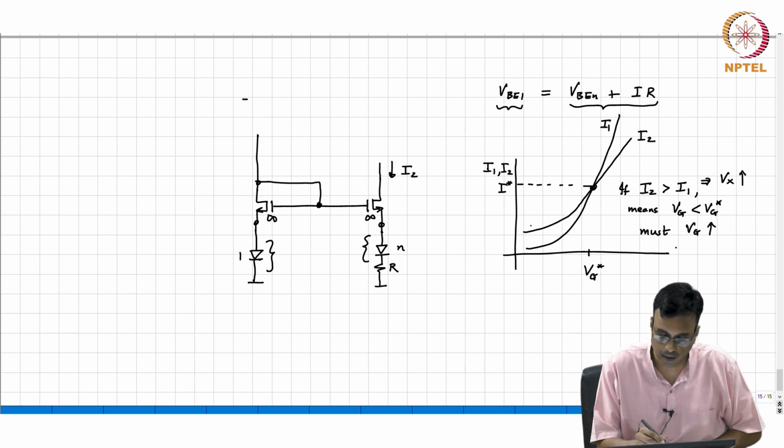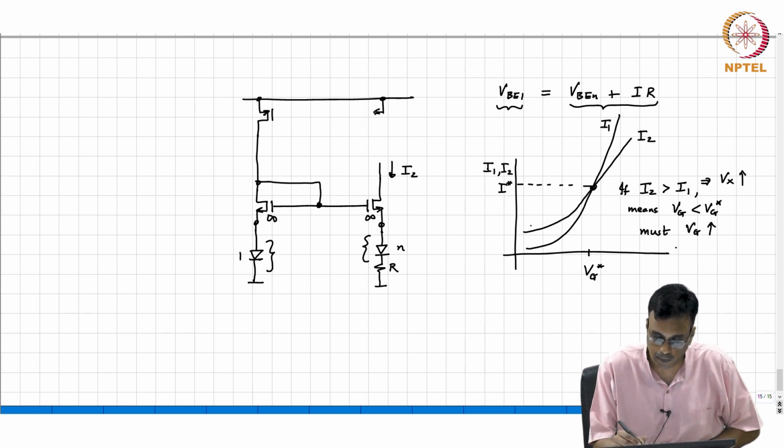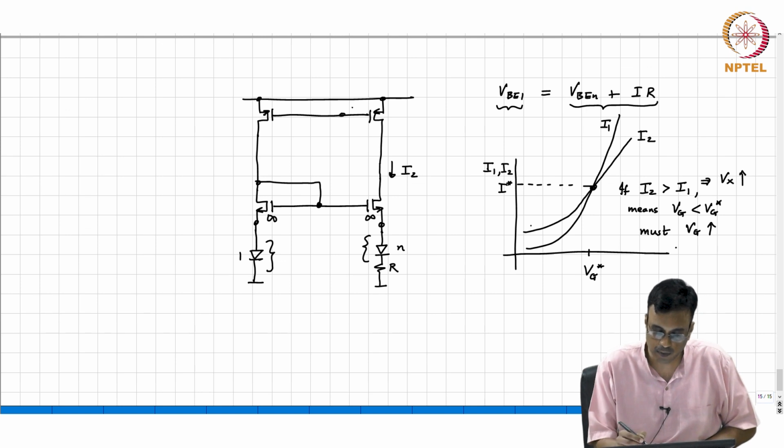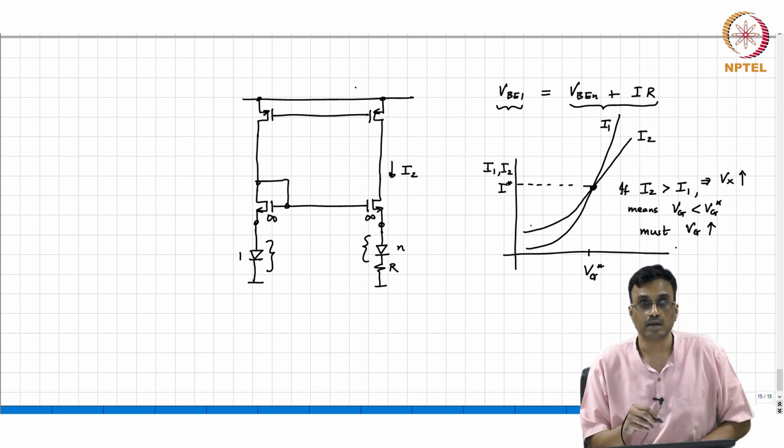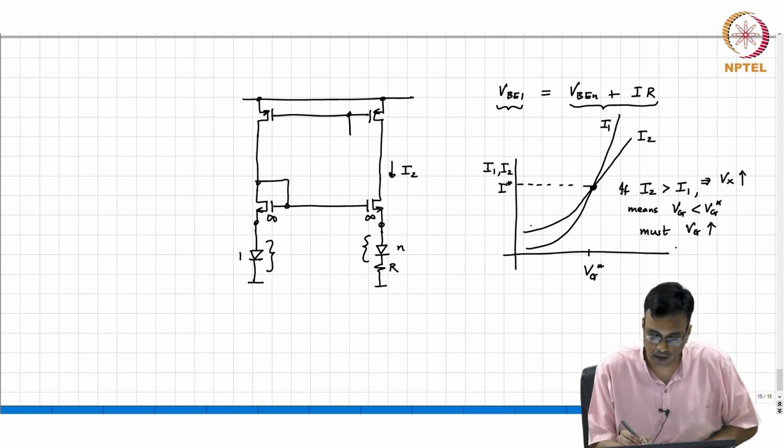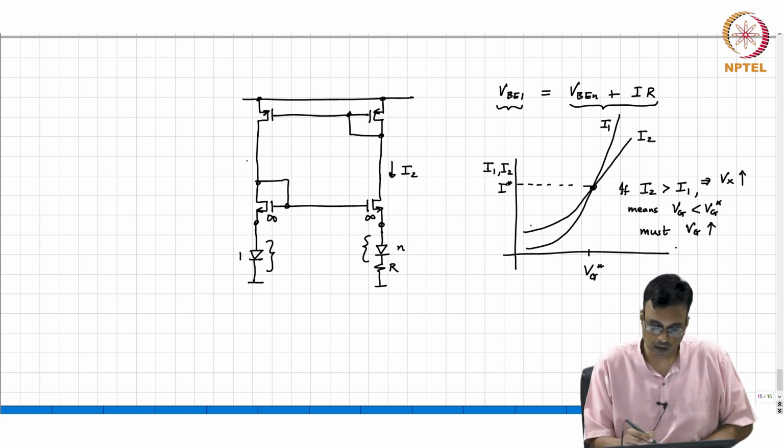PMOS current? Where must I put the, which of the devices on top will be diode connected? Right, because I am copying I2.